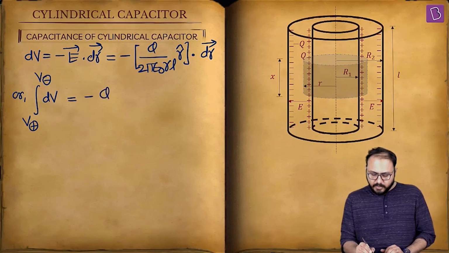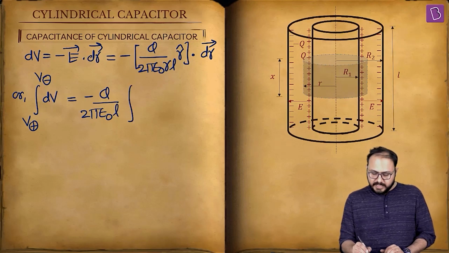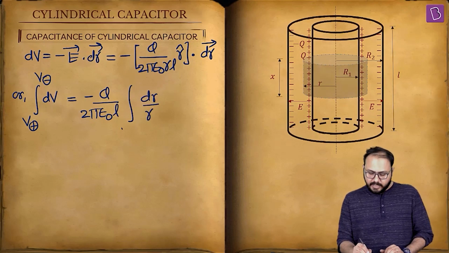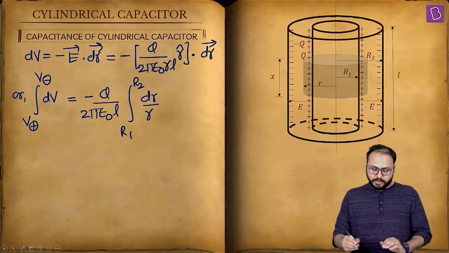What else comes out? 2 pi epsilon naught L also comes out. Very good. So what's inside the integral? Inside you have a dr by r situation. And your r is going from R1 to R2. Take your time. I cannot write more clearly than this. I think I've done a good job.